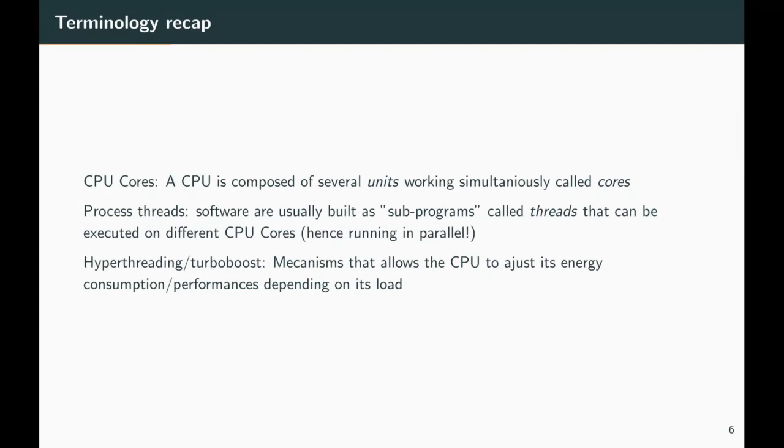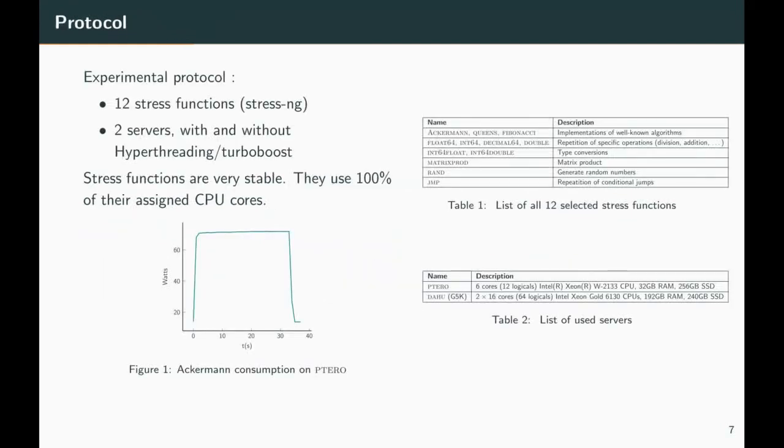So how can we measure the energy consumption of a software, and how can we model this energy consumption? We took several programs, what we call stress functions. It's basically software that does one thing very constantly, at the same load, which we can configure. It's super stable, and it's convenient to reduce the variability in the measurements.